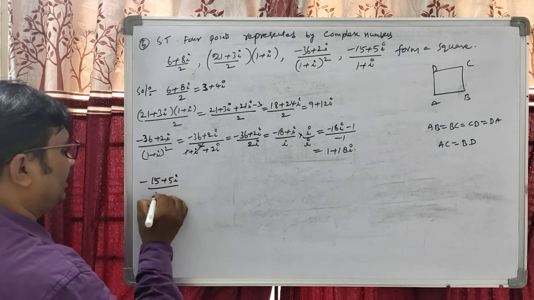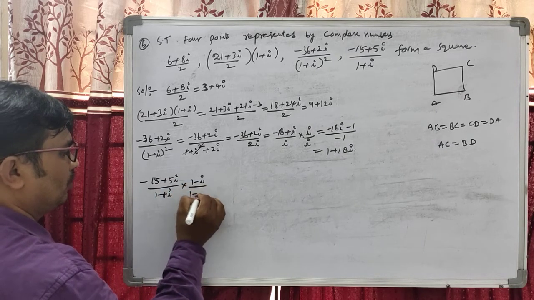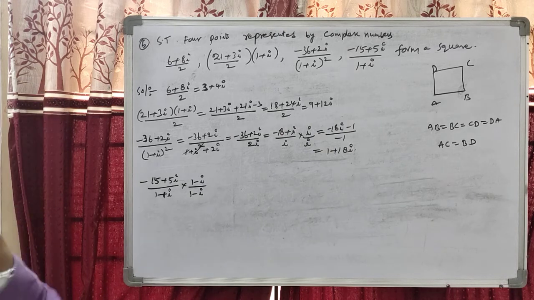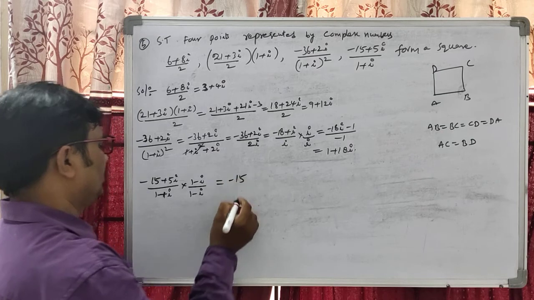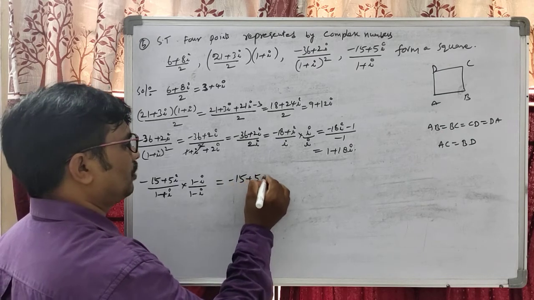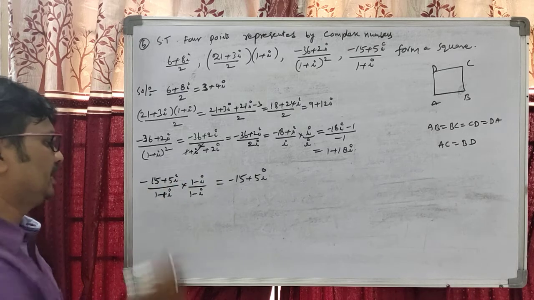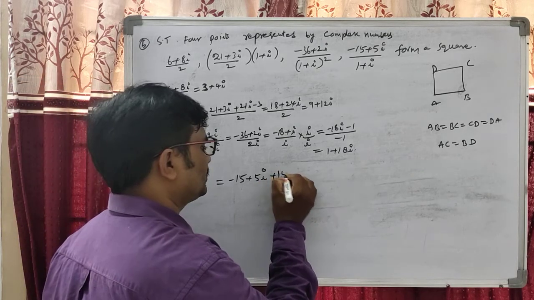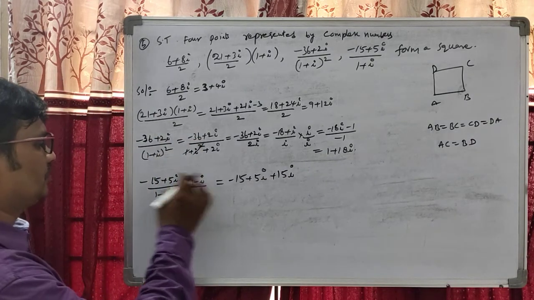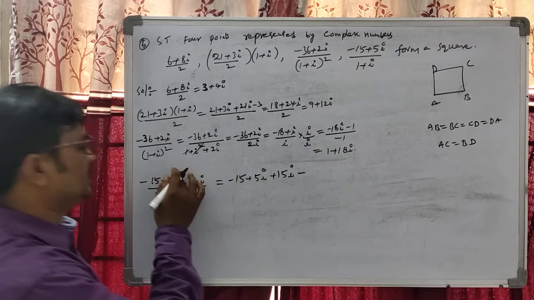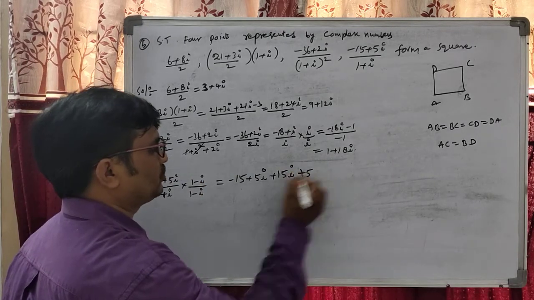After that, minus 15 plus 5i by 1 plus i. Multiply by 1 minus i over 1 minus i. First multiply with 1, that is minus 15 plus 5i. Then we multiply with minus i: plus 15i, then minus 5i square. I square is minus 1, so minus of minus, plus 5.